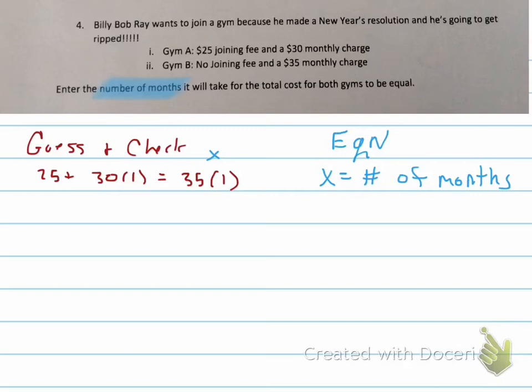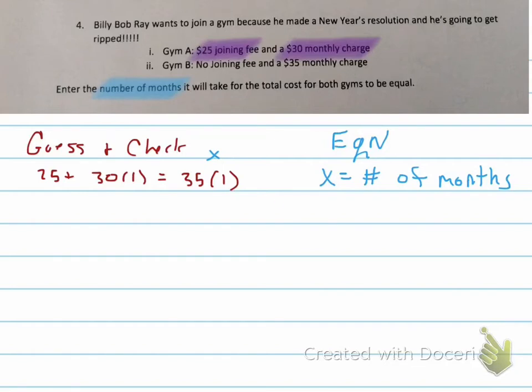So what would my equation be? So Gym A, I'll do that in purple. 25 joining fee plus $30 and the number of months. So let's try and write that.